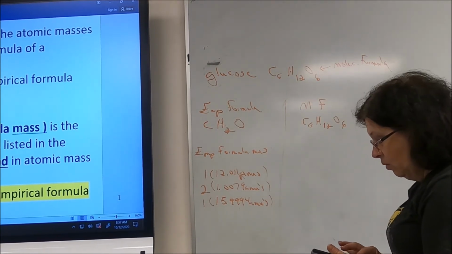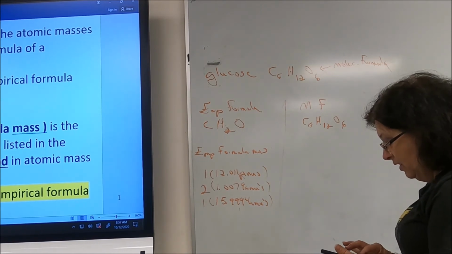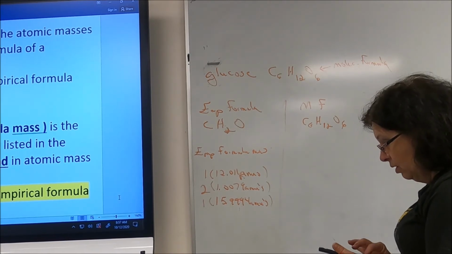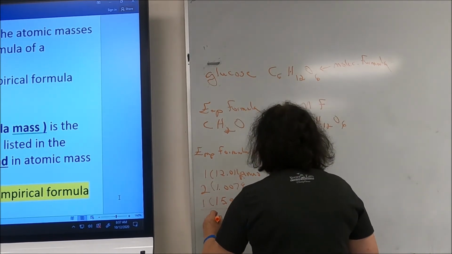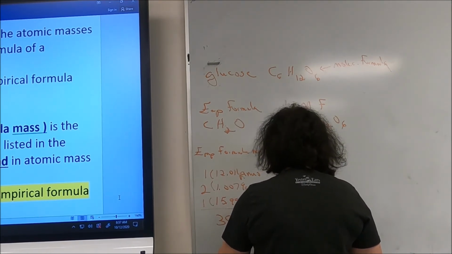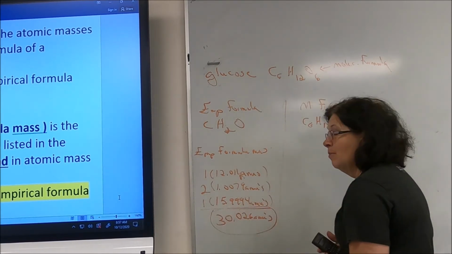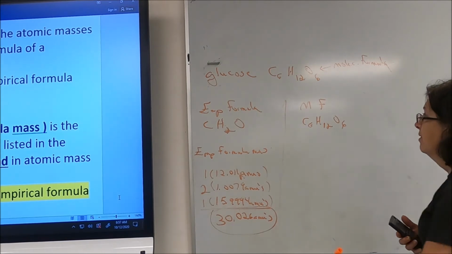So 12.011 plus 2 times 1.0079 plus 15.9994 gives me 30.026 AMUs. So that's the empirical formula mass.